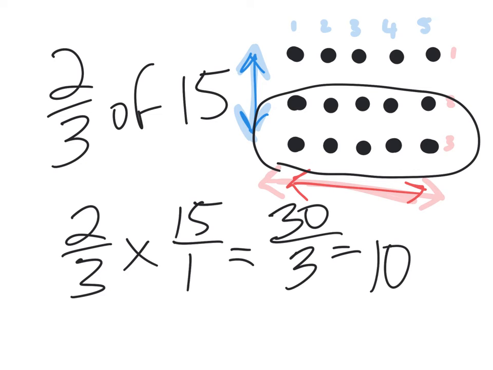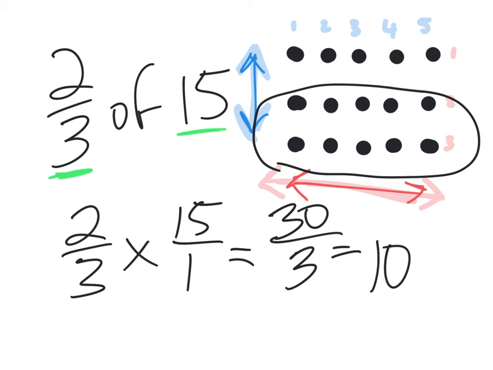The other way that you could find the answer, and you have to watch for this, and I've got to admit, sometimes I will allow this and sometimes I won't, but I think it's smart. I think you're using your math skills when you do this because you're using your number sense. I'm going to change colors just to show that I'm doing something different. I'm going to go back up to the original problem, 2/3 of 15. What you could do is see if there's a relationship between the numerator and the whole number.